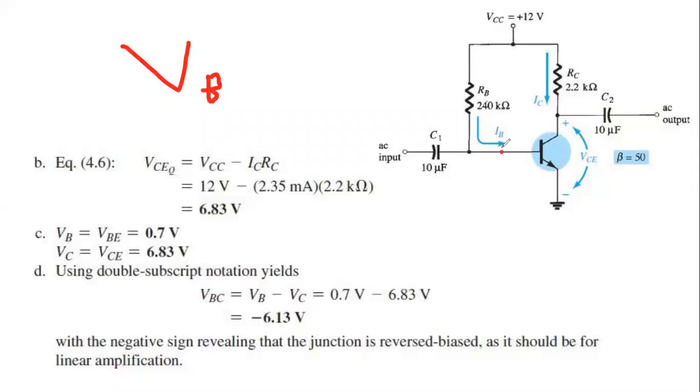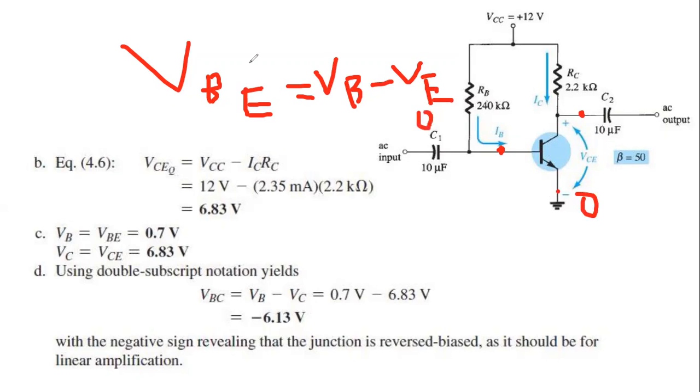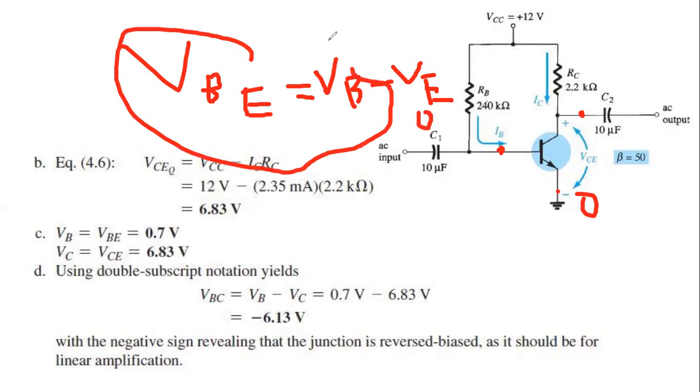The next two things to find out are the VB and the VC, that is this potential and this potential. For VB, we all know that VBE equals VB minus VE. Here we can see that the VE is 0. So if you replace the 0, that means VBE equals VB.